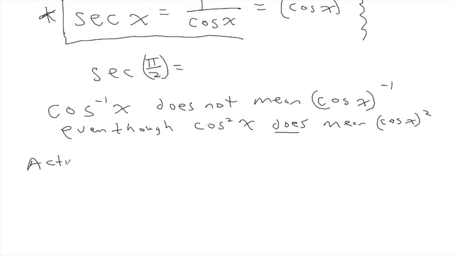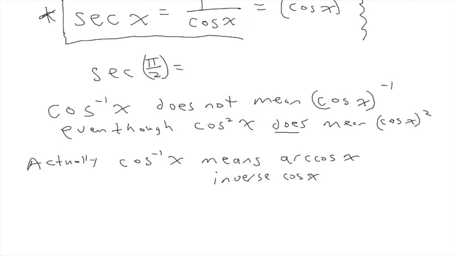Actually, cosine negative 1 of x means the arc cosine of x, or it means the inverse cosine of x. Now, we haven't reviewed what inverse cosine is.